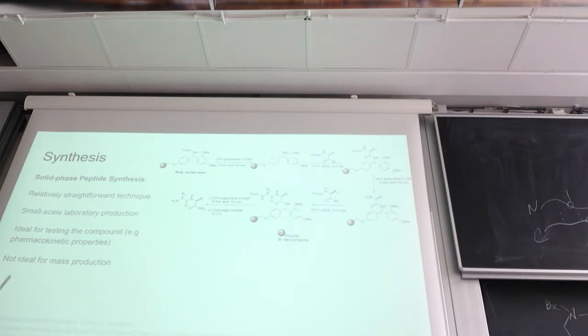And it uses a resin to which the initial amino acid is added, and it uses a coupling reagent for this, such as HCTU, and then we use piperidine to remove the protection group, and this is done successively until the final peptide is obtained, which is then cleaved as the amide from the resin with trifluoroacetic acid.